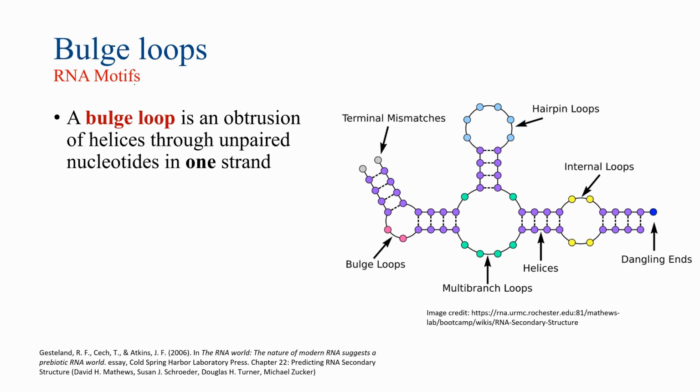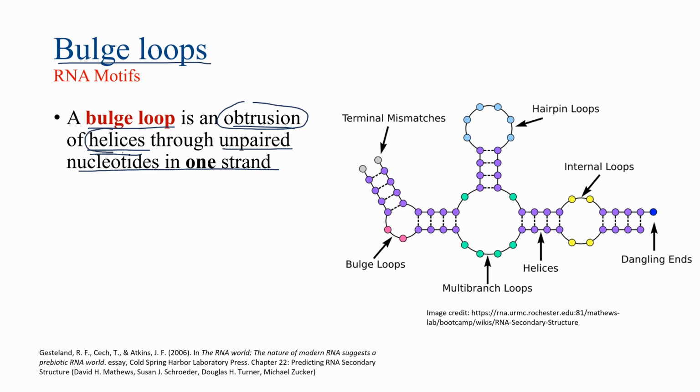Another type of RNA motif that is a loop is the bulge loop. A bulge loop, by definition, is an obtrusion or an interruption of helices through unpaired nucleotides in one strand. Now, this is a very particular definition. So you have an obtrusion or an interruption of helices. We've already defined helices.